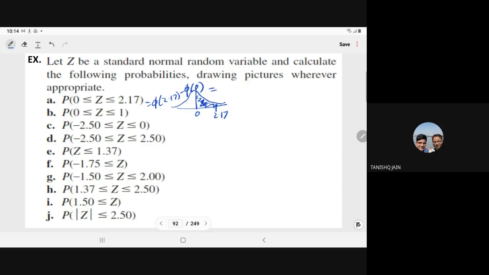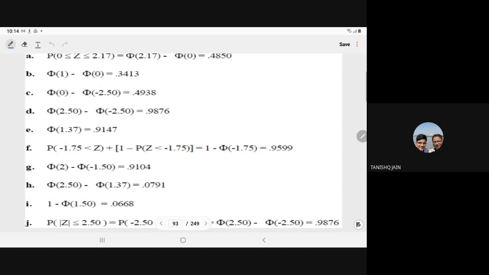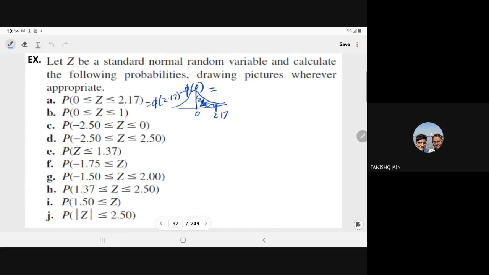If you see the table, the value is 0.9850, minus phi of 0, which is 0.5. So its value will be 0.4850.